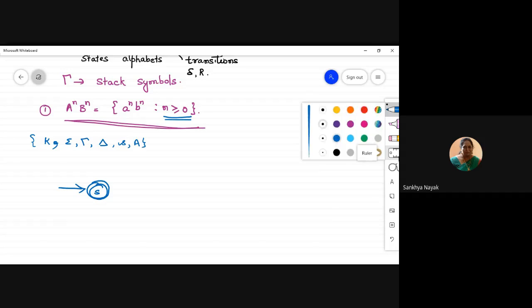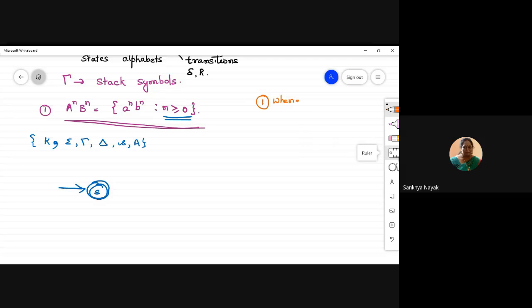Now next, when A comes, the logic that we are going to follow for this will differ for each question, right? Whenever A comes, we are going to push it into the stack. That means whenever A comes, push it into the stack, so tau will have A, correct?